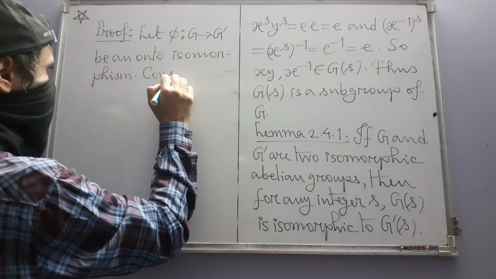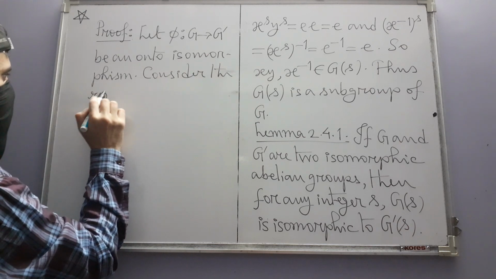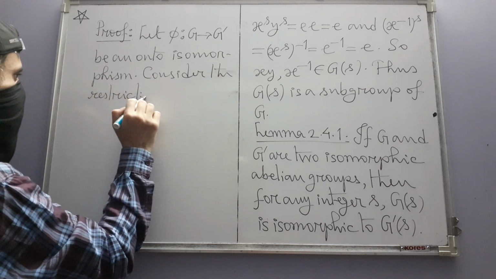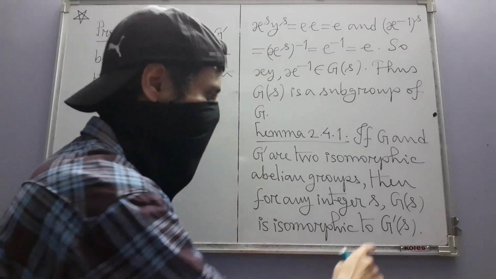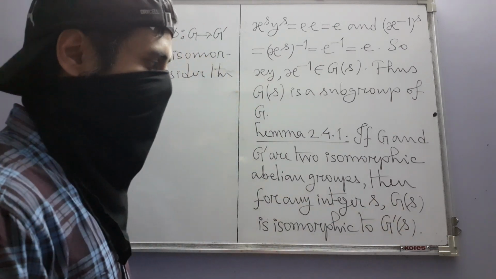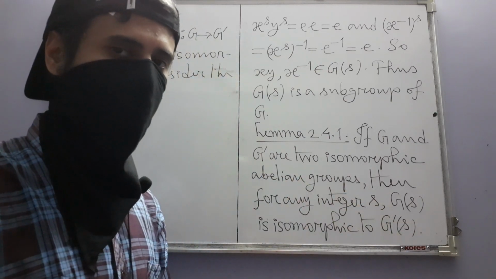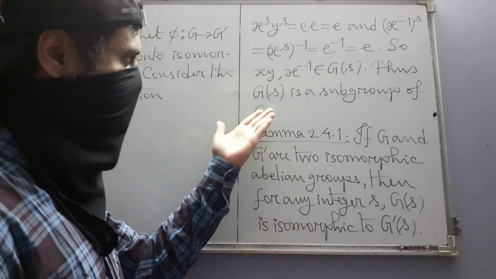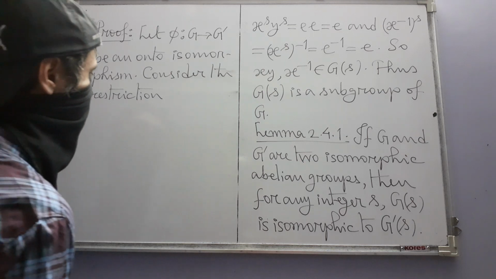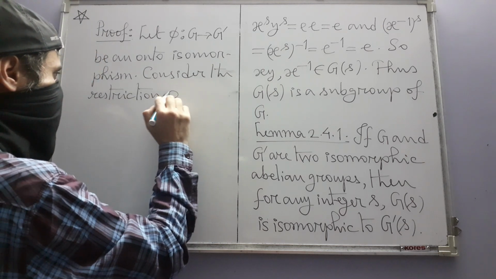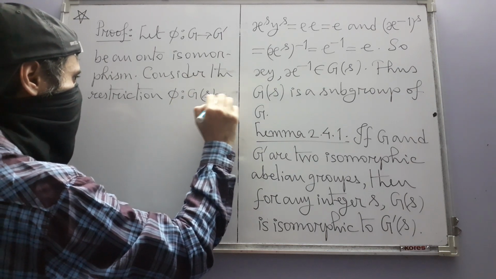Consider the restriction. Oh, and there is one more subtle thing which may be overlooked. These two are isomorphic. For that to be meaningful, these themselves have to be groups. And they are, because we have already shown that these are subgroups. Now consider the restriction of phi to G_s.